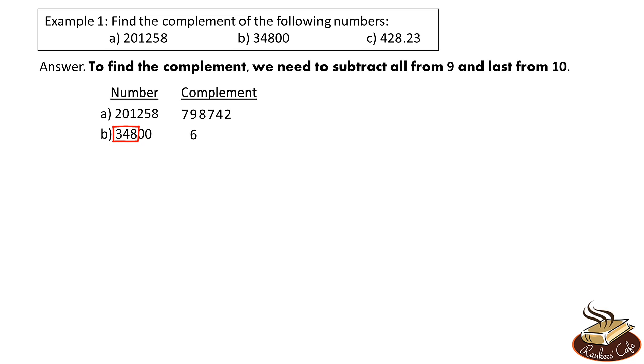Now 9 minus 3 gives us 6, 9 minus 4 is 5, and 10 minus 8 is 2, as 8 is the rightmost non-zero digit. So we get 652, and we carry the two zeros as it is to get the answer as 65200. So the complement of 34800 is 65200.